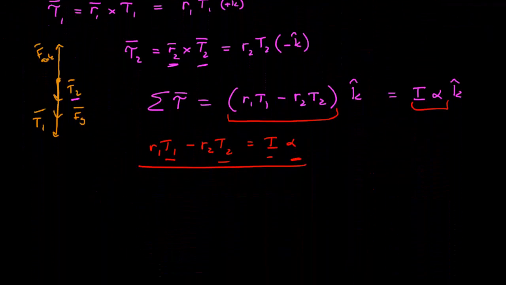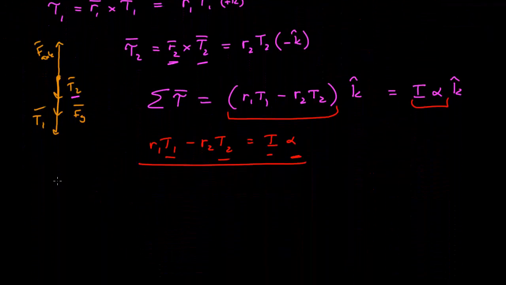So the linear acceleration a1 is equal to the tangential acceleration of a point at r1, the outer point of the cylinder, which is just the angular acceleration times r1.